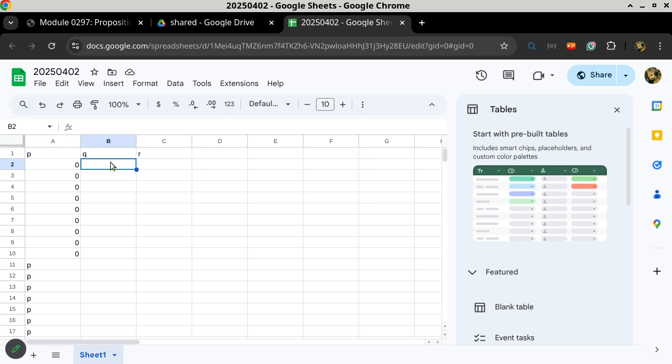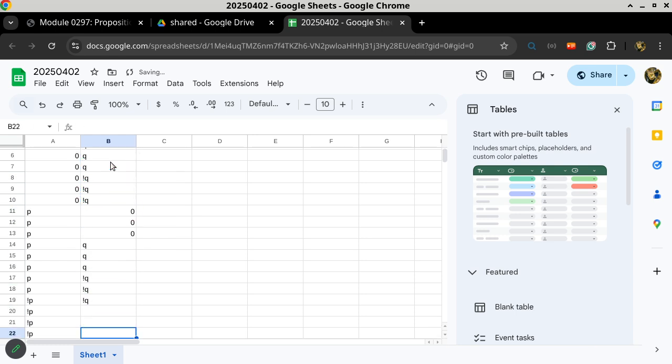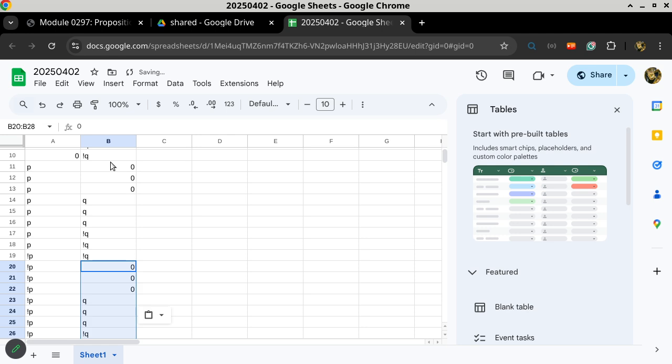So Q's is kind of the same thing, but it's nested. So that means, with Q, we can have no Q, Q is not negated, or Q is negated. And now we can use copy and paste. So copy, paste, and paste.